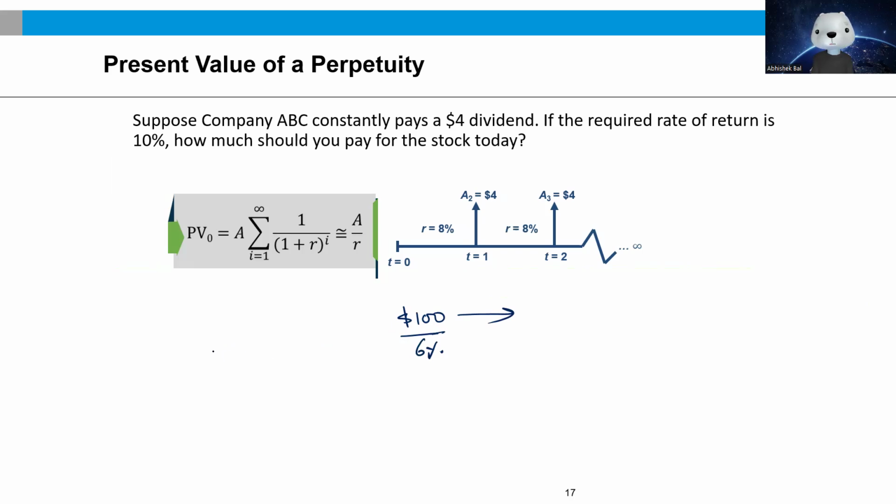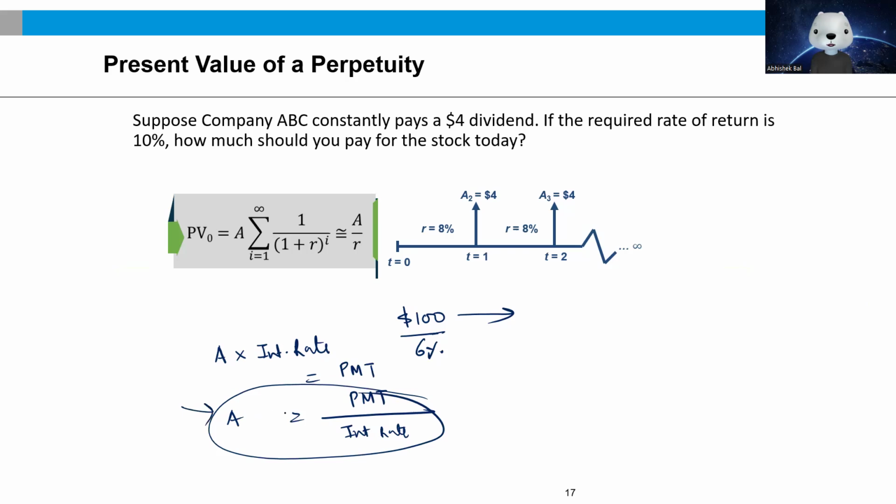Well, you put in a certain amount, let's say A. If you multiply that A amount with the interest rate, and in this case I'm simply annualizing the interest rate to make things easier, that is where you're going to get a certain payment, right? So all that you need to do is to algebraically transpose the interest rate to the right-hand side by dividing the PMT by the interest rate, and of course that's going to yield you the amount on the left-hand side of the equation. That's all perpetuity is all about.